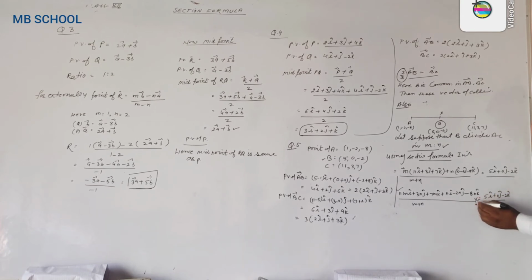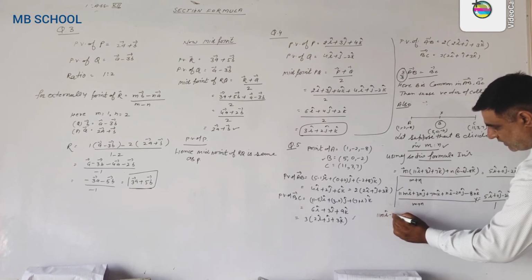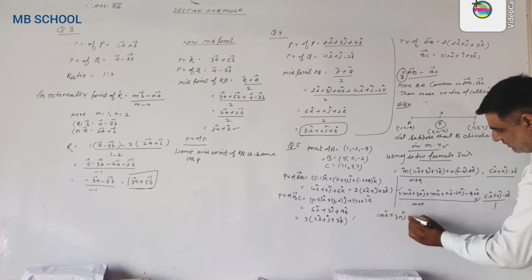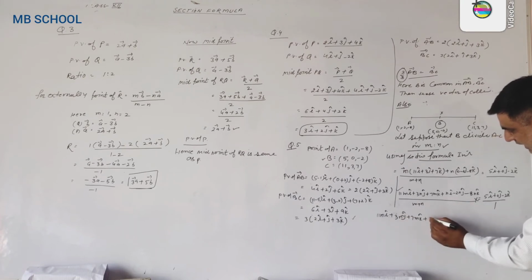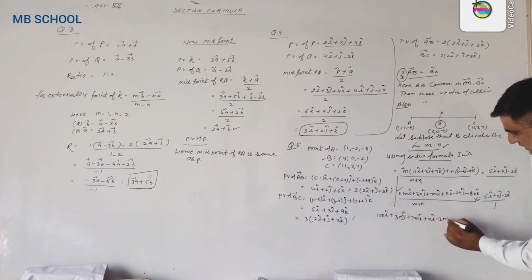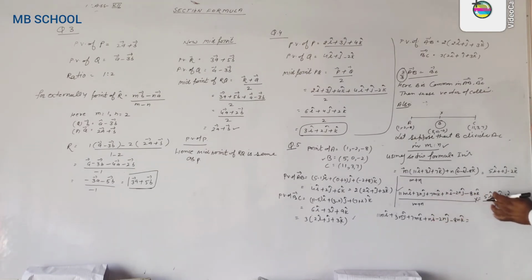Taking m plus n and cross multiplying, we multiply this term to 1 and this to m plus n. So now 11mi + 3mj + 7mk + ni minus 2nj minus 8nk equals, multiplying these, we get 5mi and 5ni.